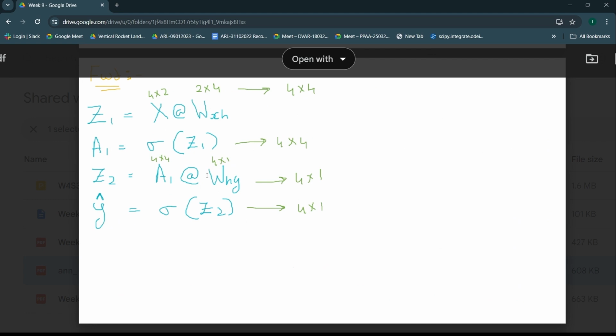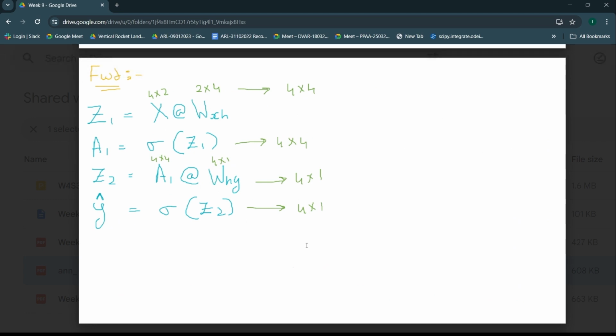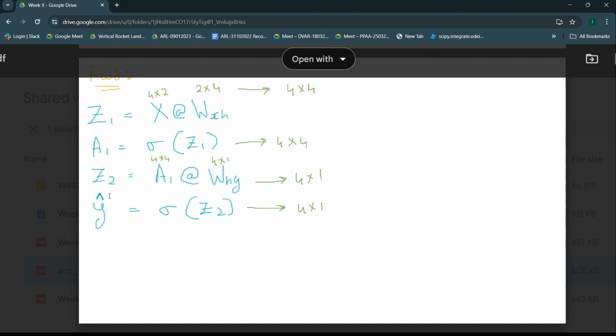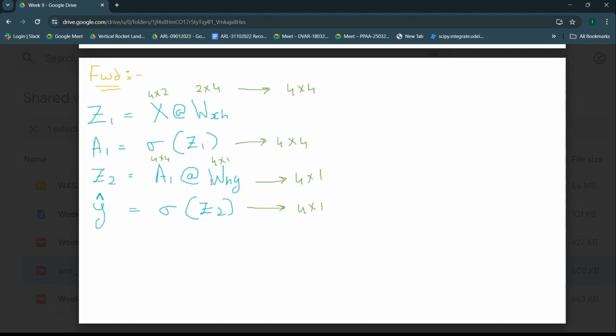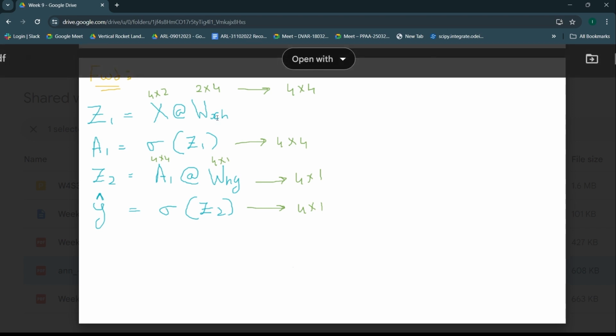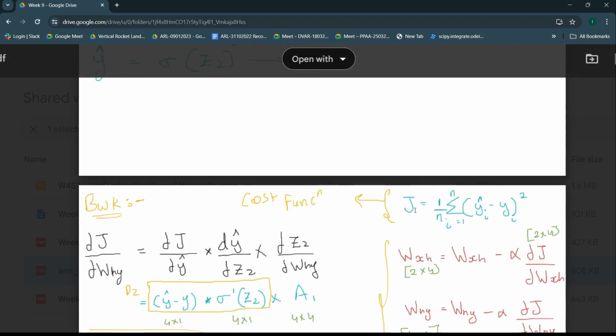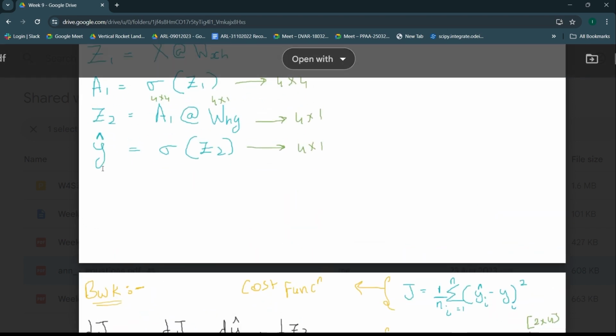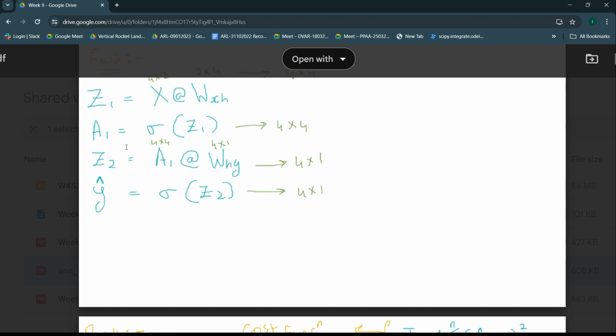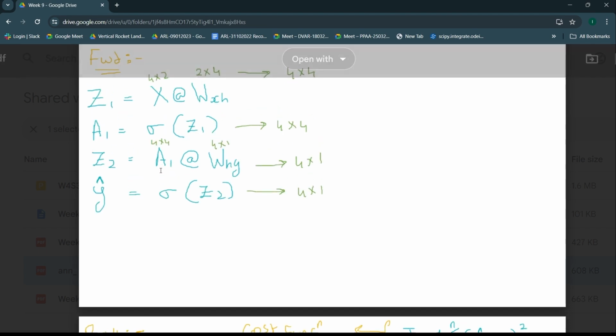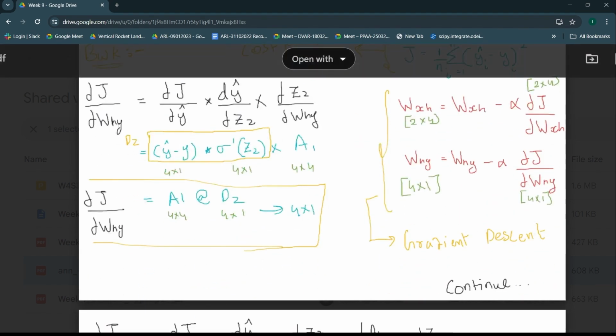Just like how we did for Why, where from J we went till y, then from y we went till z2, and then from z2 we went till Why. Now if I talk about Wxh, it's going to become the derivative of the cost with respect to y cap, and the derivative of y cap with respect to z2. Now, the derivative of z2 with respect to a1. If I did Why again, I'd end up getting this thing.